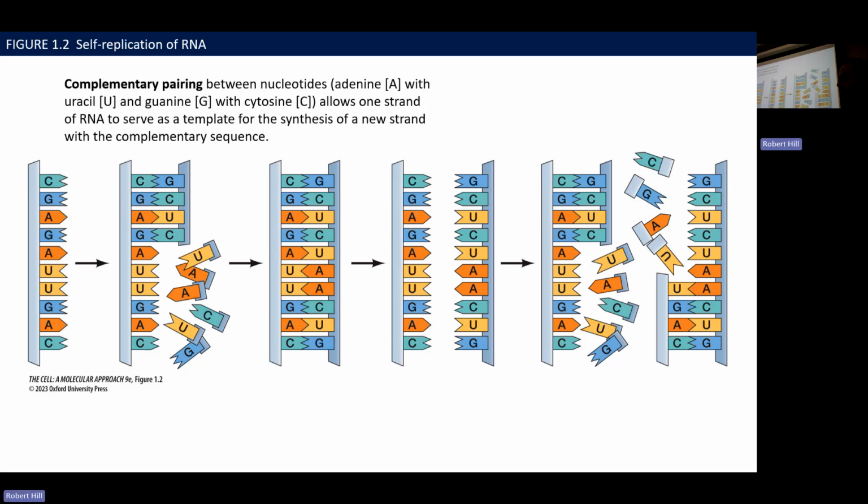So this is an important property for the molecule to be able to replicate itself, in other words, copy itself. Because if you have a double-stranded molecule, you can separate it. And if you read one side of the molecule, then you know the other side because of complementary base pairing, A's to T's, C's to G's.